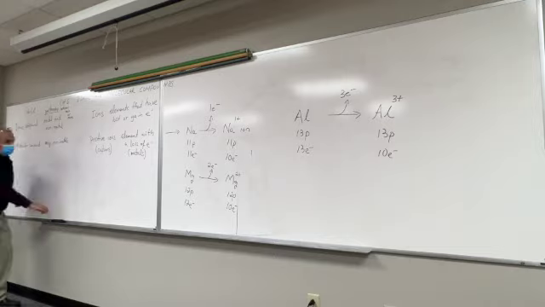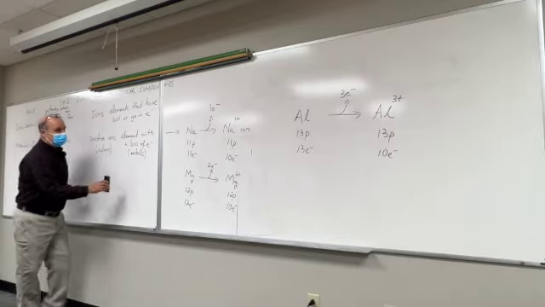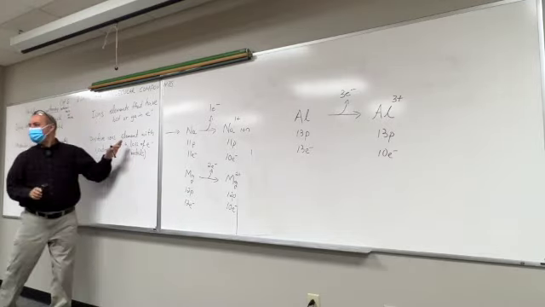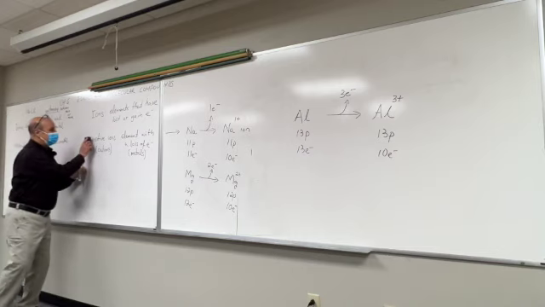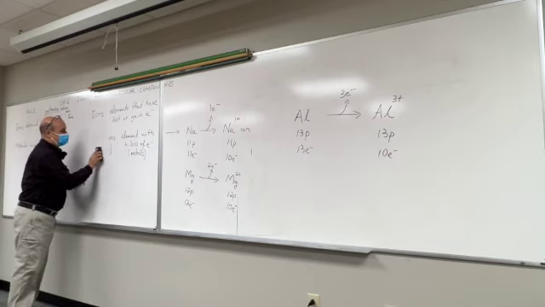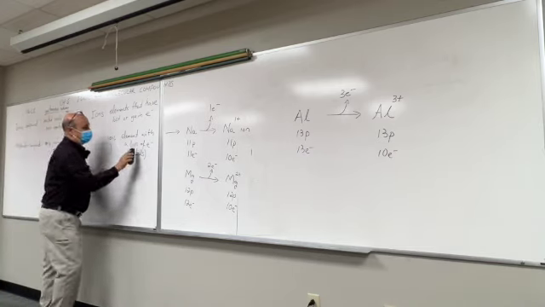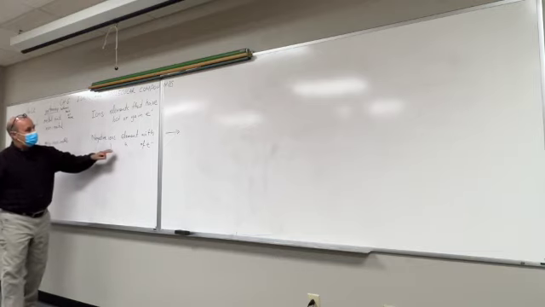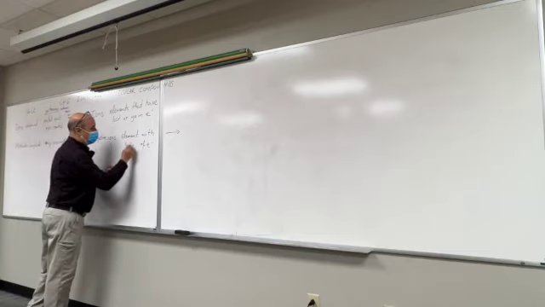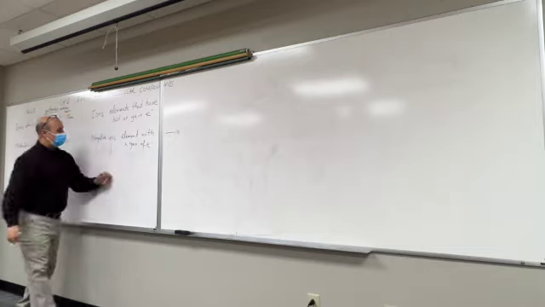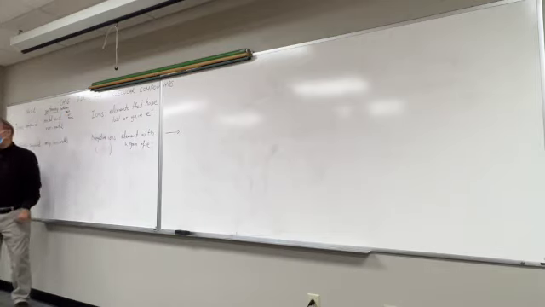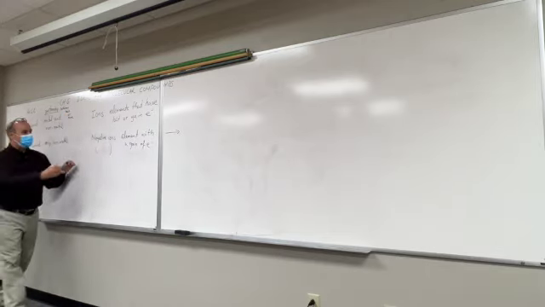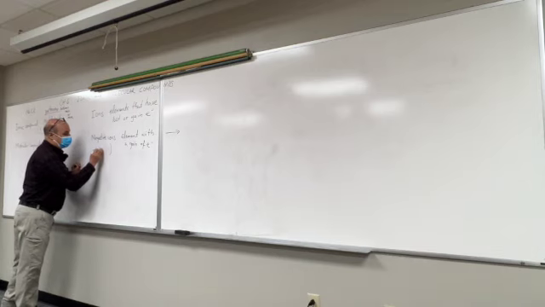That's the prediction. So now we're going to go to negative ions. Element with a gain of electrons. The name of the negative ion is actually an anion.